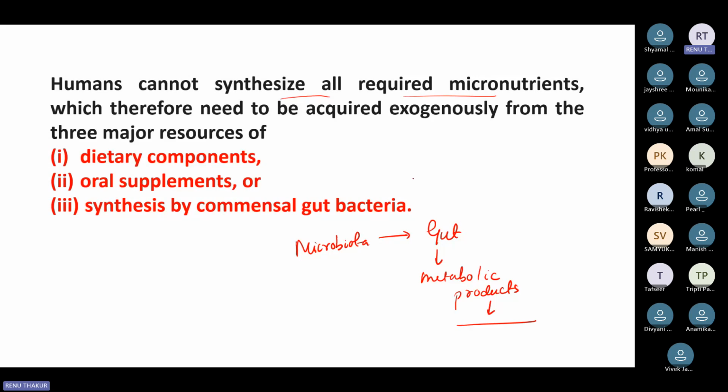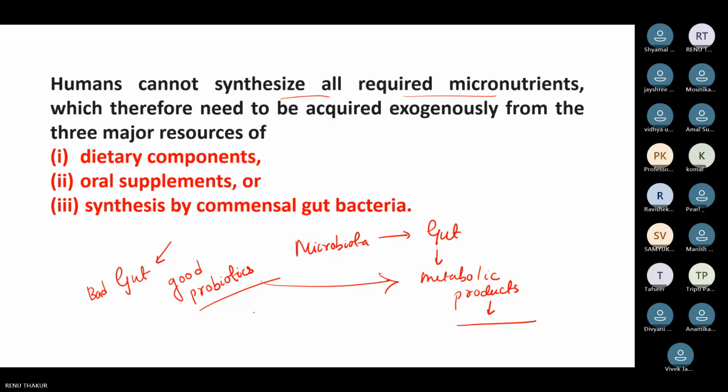For this reason also, if somebody has a bad gut, they are prescribed good probiotics, which can be taken exogenously to do this.